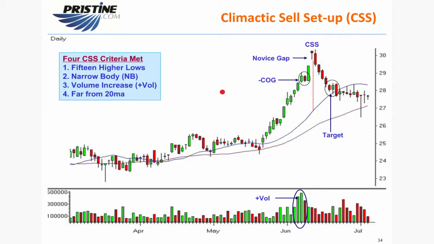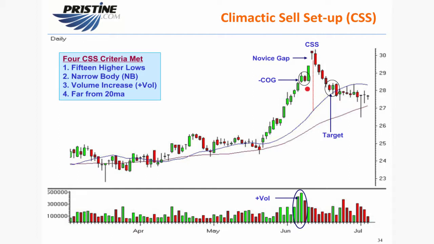Here you've got a climactic sell setup. So nothing changes other than the expectation, really. You've got multiple bars up. And notice right here, there was a bearish changing of the guard right here where it's being labeled.